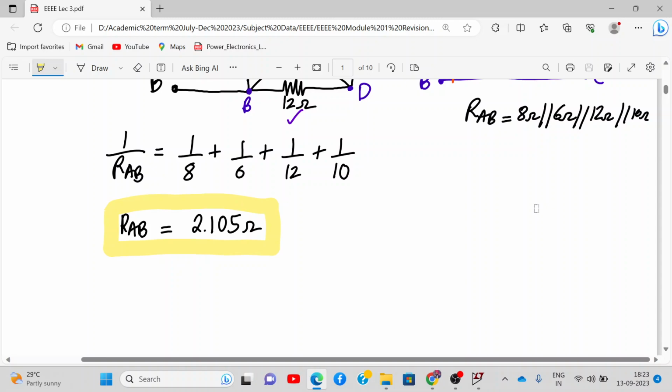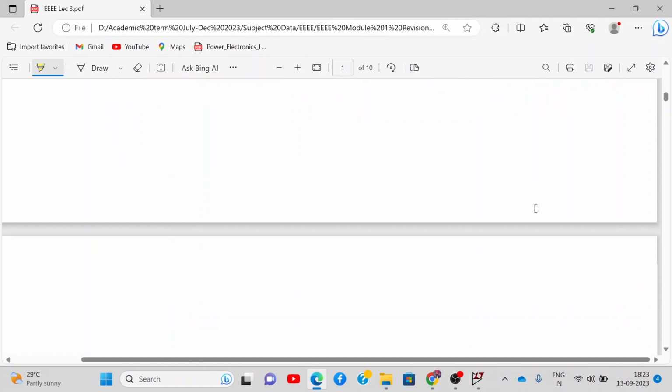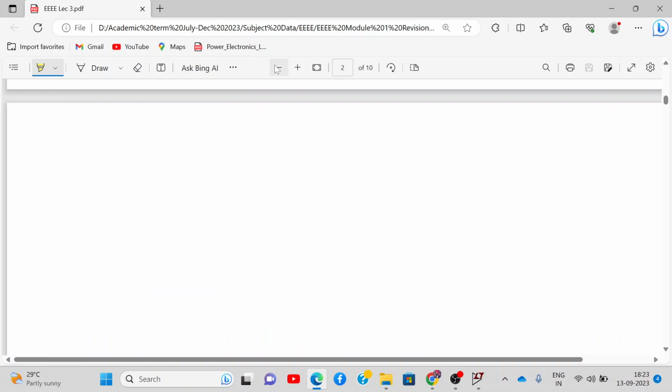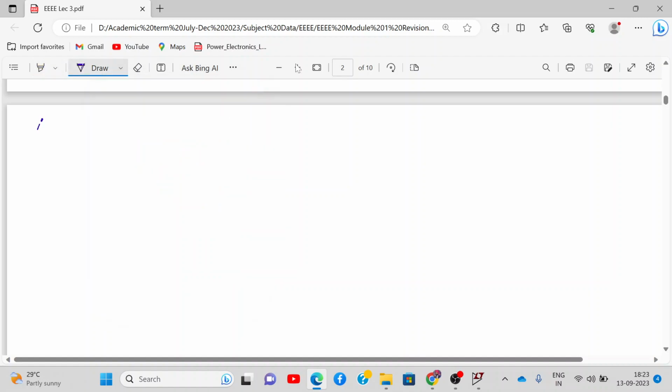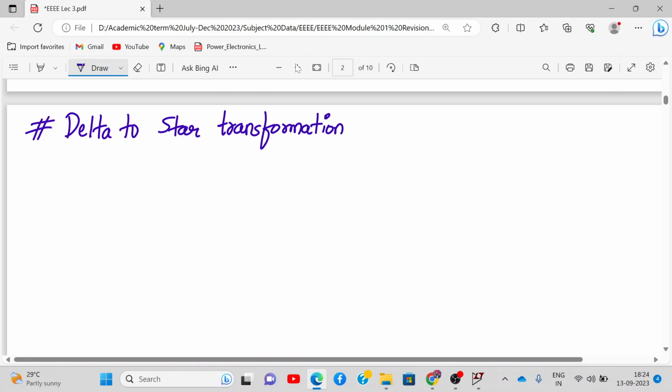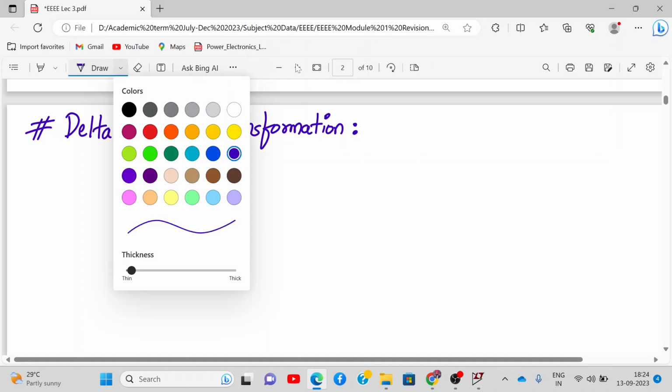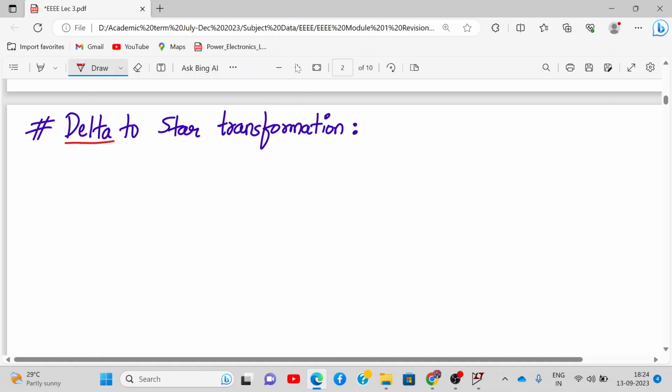Now let's move on to the next concept, which is an important one: delta to star transformation. Let me start that in a new page. Sometimes any resistive network cannot be simplified just by parallel or series combination.